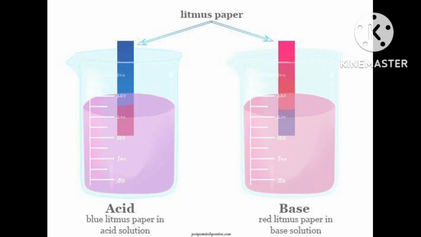First, I am going to discuss the Arrhenius concept of acids and bases. According to Arrhenius theory, acids are substances that dissociate in water to give hydrogen ions, that is H+ (aq), and bases are substances that produce hydroxyl ions, OH- (aq).